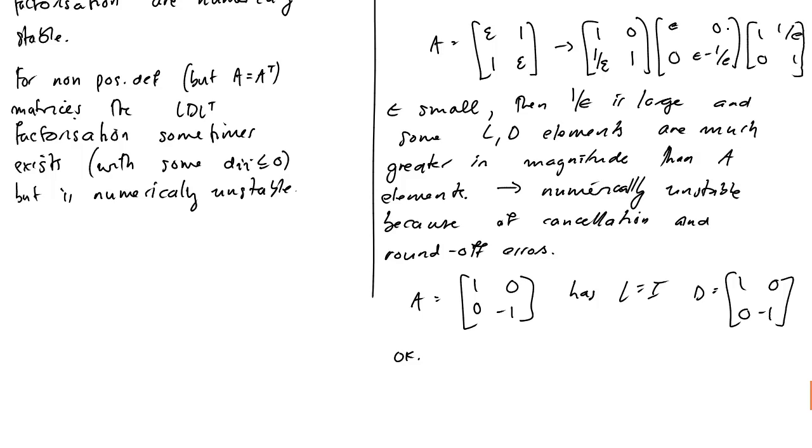Just to round off this bit, we've got a method for computing a factorization of positive definite matrices. What I'm going to give you is a good procedure for checking whether a matrix is positive definite or not. I've got a few different properties of these things.